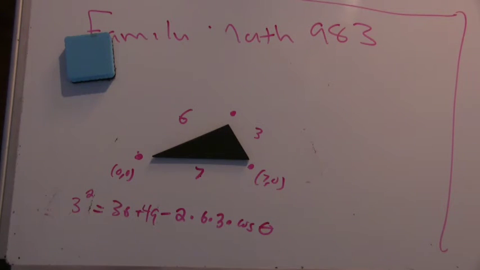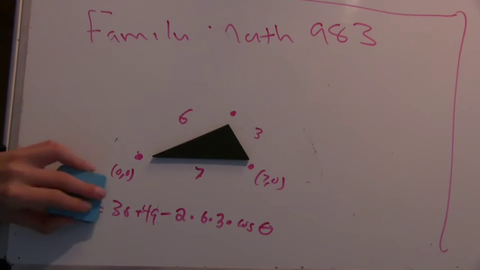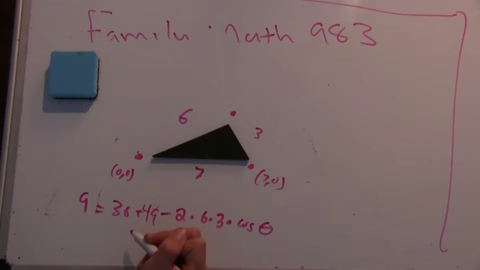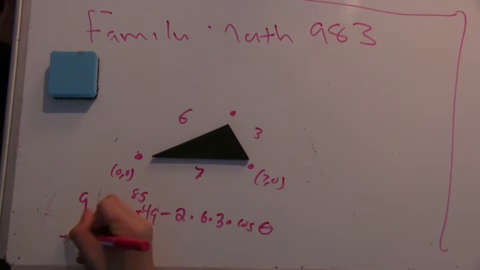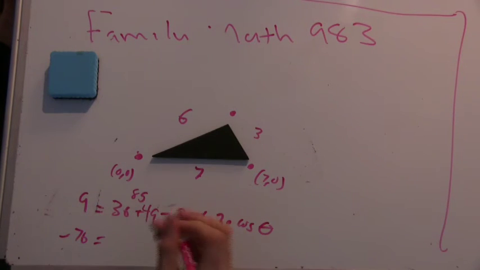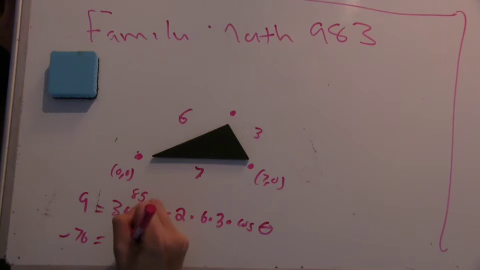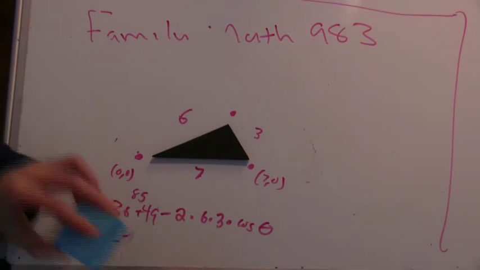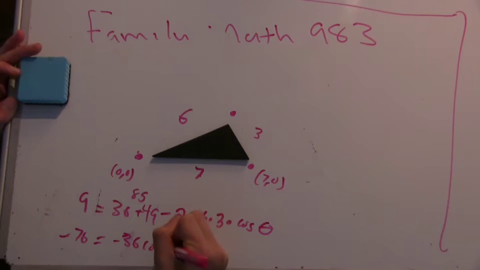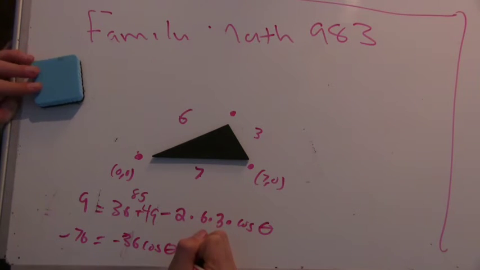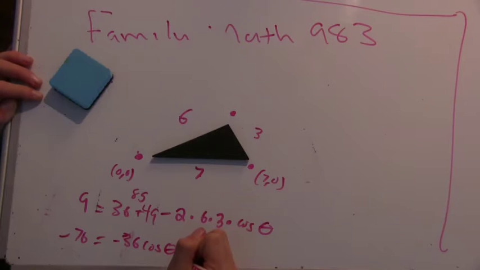Sorry about the cat meowing in the background. 9, so this together is 85, so negative 76 is negative 36 cosine. Well, again, let's be careful. What should the law of cosines say here?